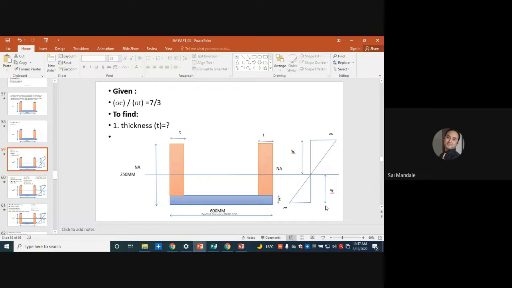So I can write the equation as sigma C upon sigma T is equal to YC upon YT, and T is to be identified. Perfectly correct. So sigma C upon sigma T is equal to YC upon YT is equal to how much?